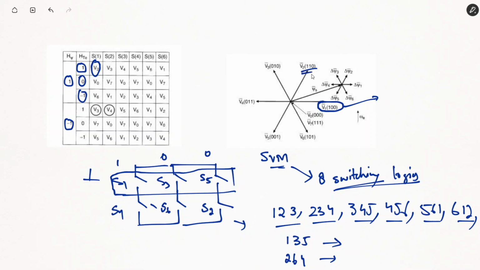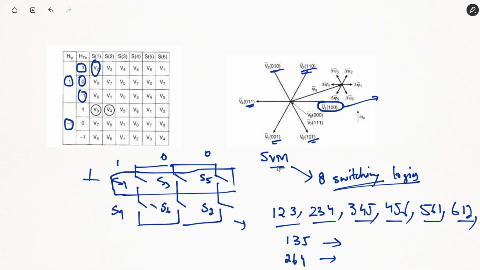V2, this voltage vector, refers to condition 110. 110 means 1 and 3 are on and 2 is on. V3 refers to 010, V4 refers to 011, V5 refers to 001, V6 refers to 101.